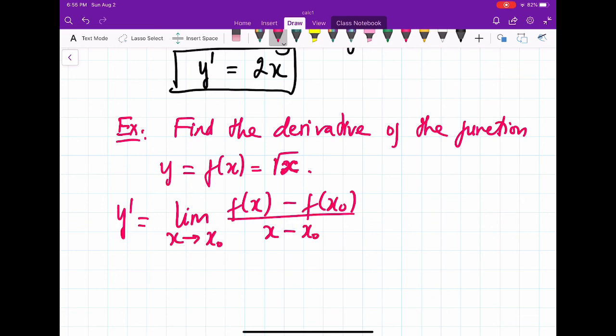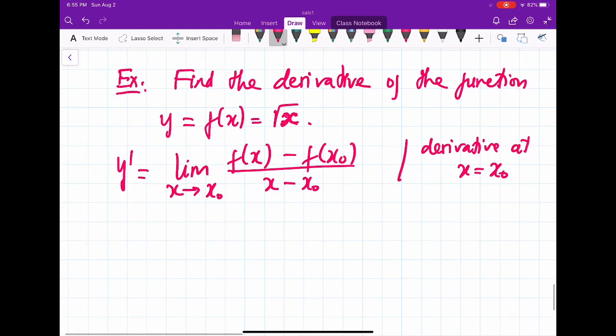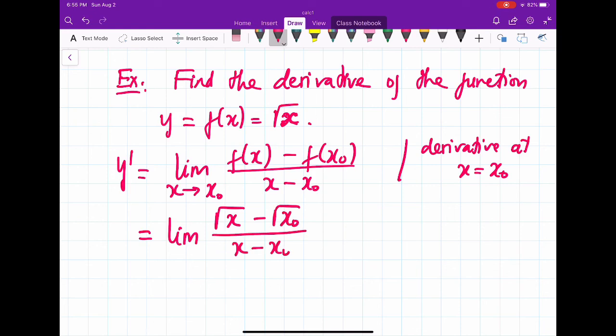Okay, that is the derivative at x equal to x0. So we just need to plug f of x and f of x0 into the limit. You have the limit of square root of x minus square root of x0 divided by x minus x0 when x approaches x0.